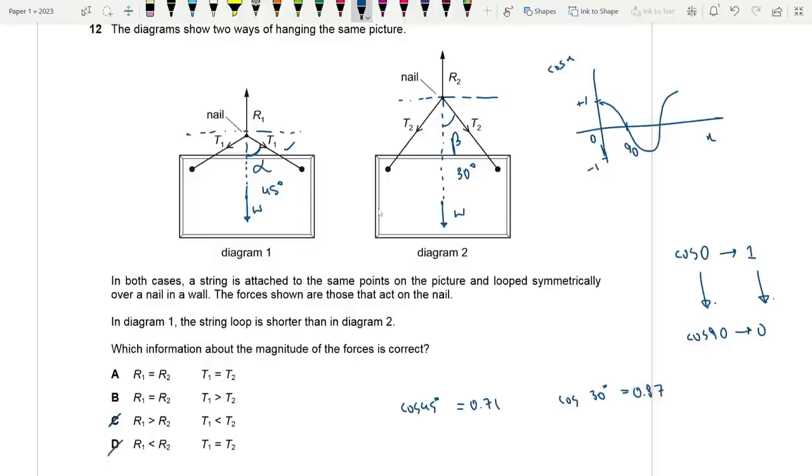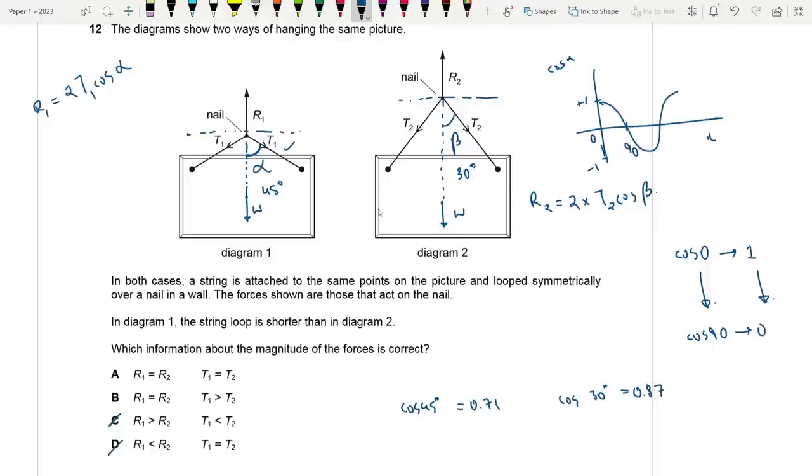So let's do the math over here. R1 is equal to the summation of T1 cos alpha times 2. It's 2 times T1 cos alpha. On the other hand, on this picture on the right, R2 is equal to 2 times T2 cos beta.